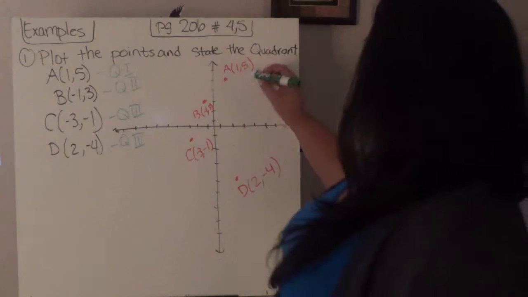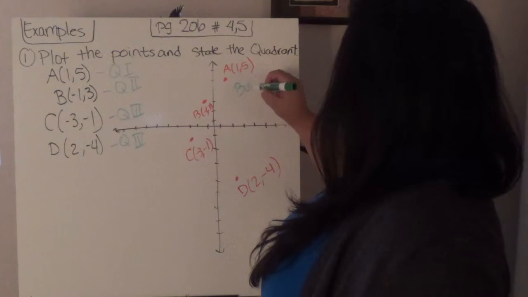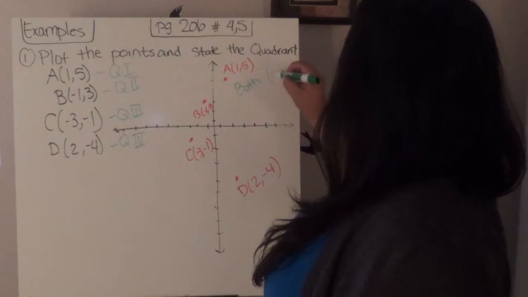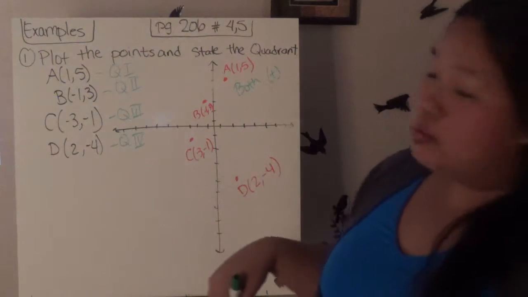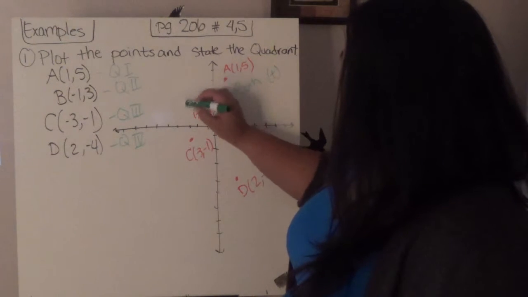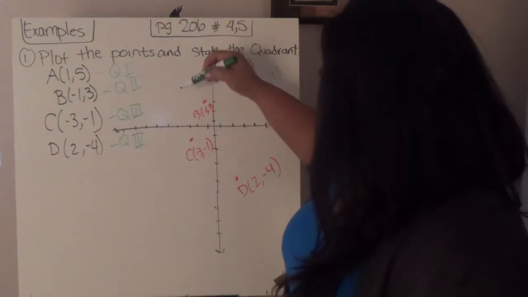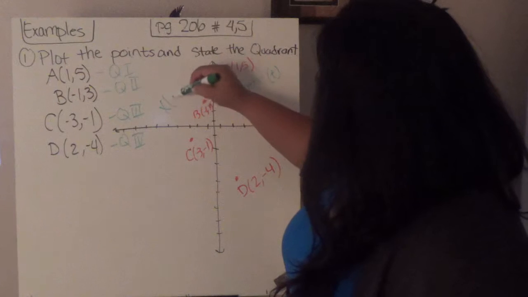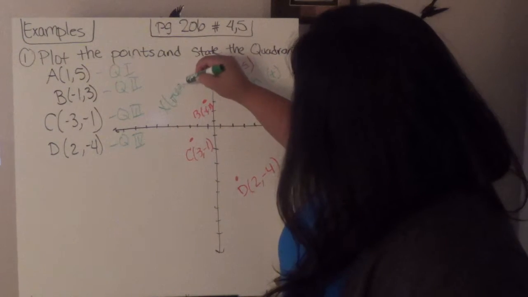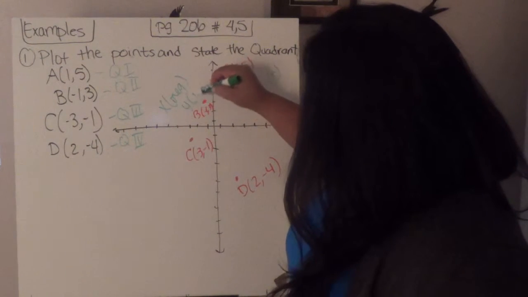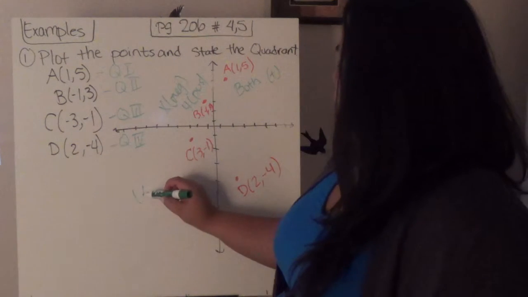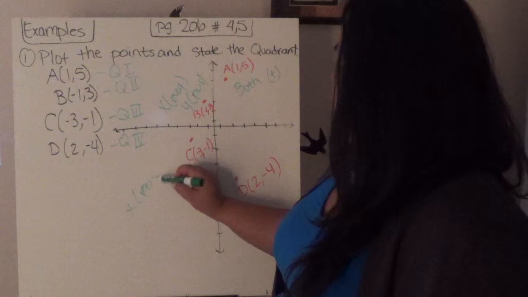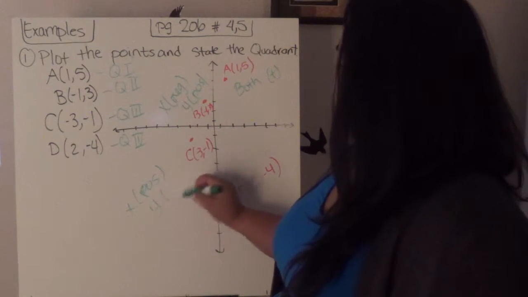Quadrant 1, both positives. So both A and B are positive. Quadrant 2, right here, you have the x is negative and the y is positive. This one, the x is positive, but the y is negative.